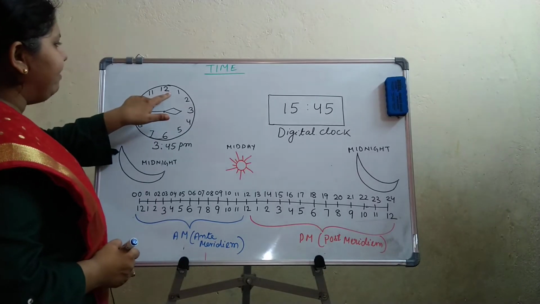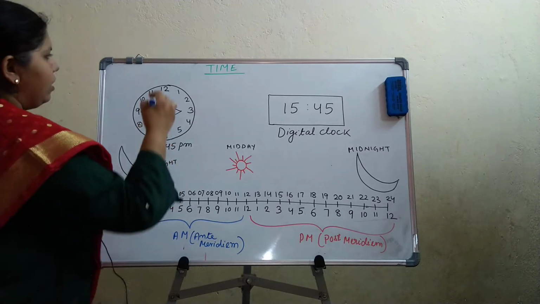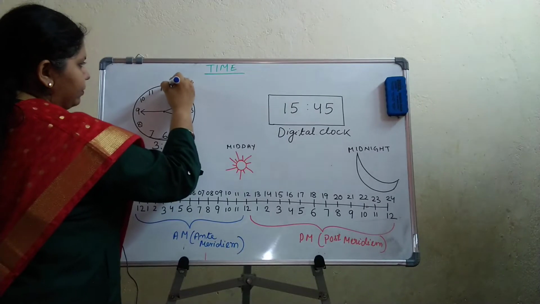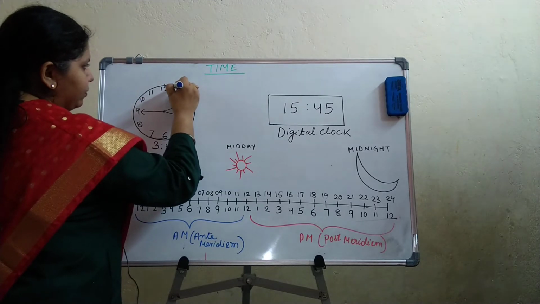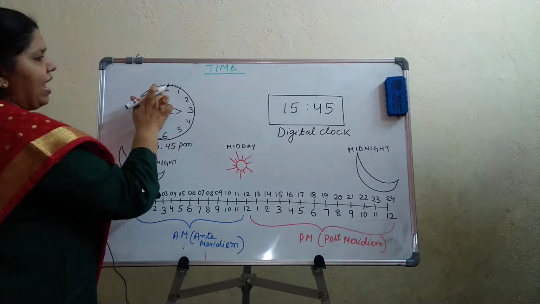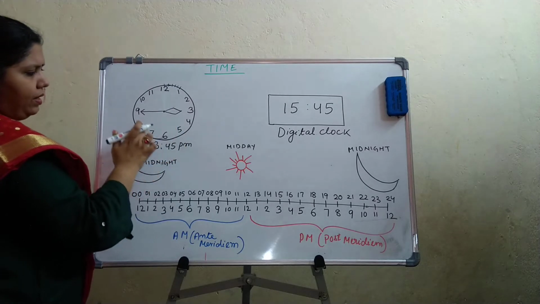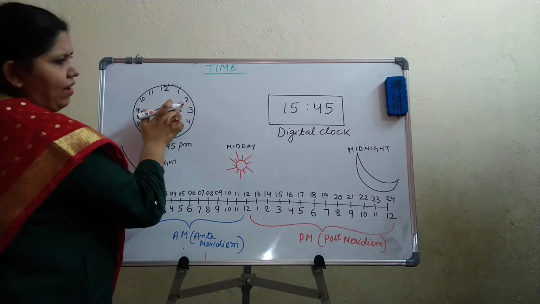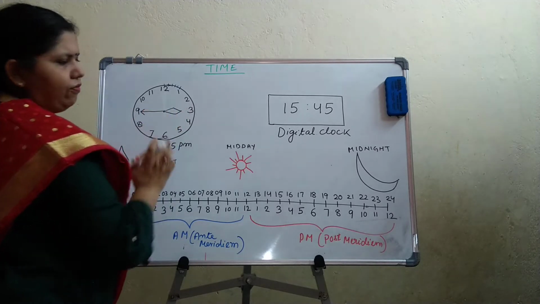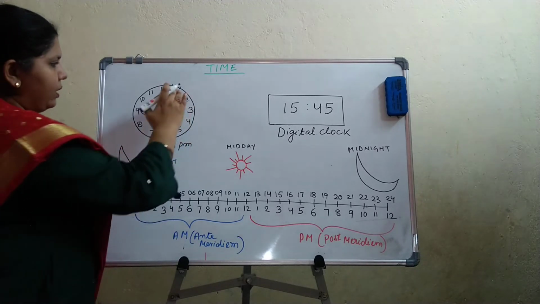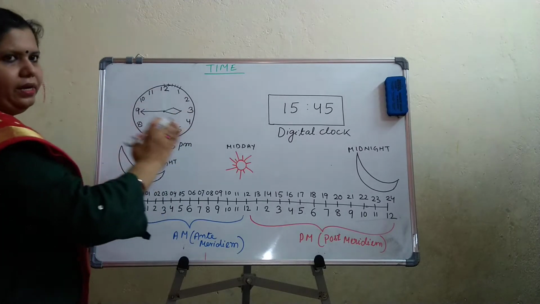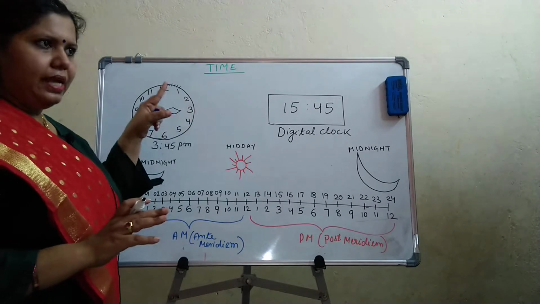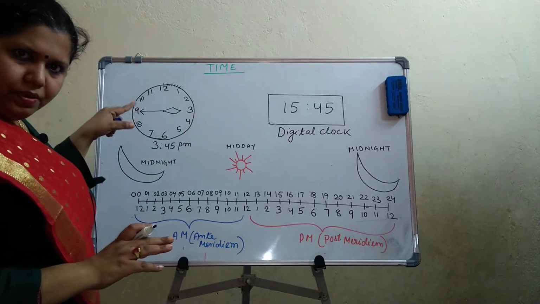Every small division in a clock means, you will have five divisions between each number. 12 to 1, 5 divisions, 1 to 2, 5 divisions, 2 to 3, 5 divisions. In this way it goes, so a total of 60 divisions are completed. That means you have 60 seconds making a minute.